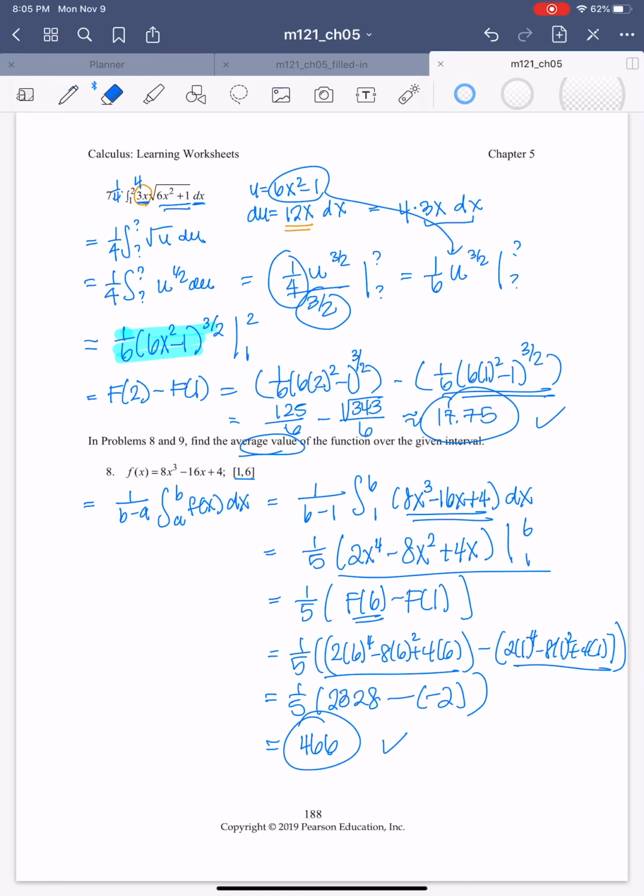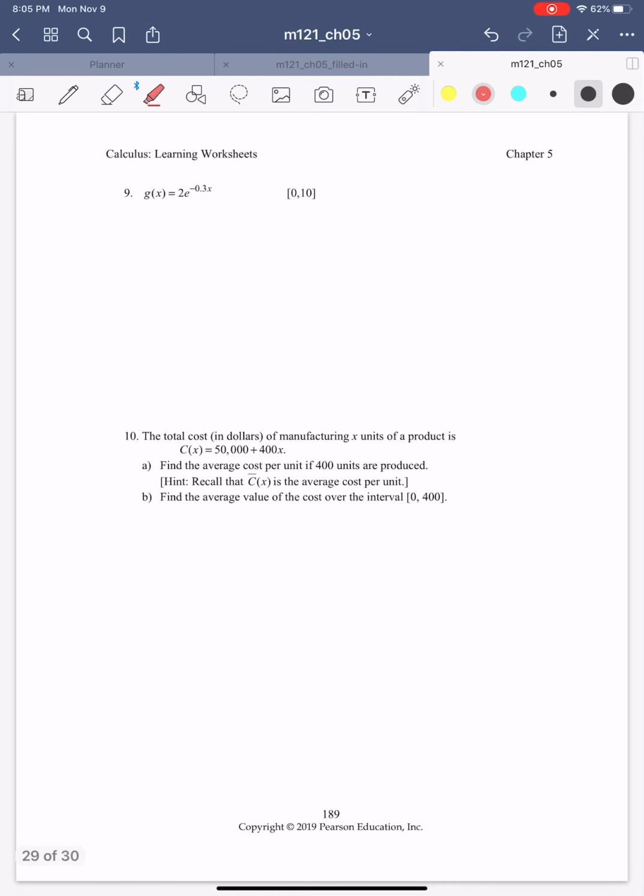So if you see the average value, add this in front of the integral. Number 9 works exactly the same, but the hint is that when you are integrating, you need to use substitution, because there's that negative 0.3x.